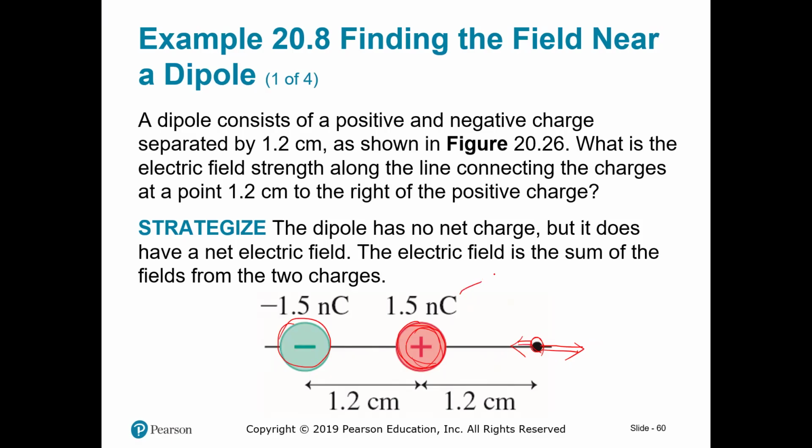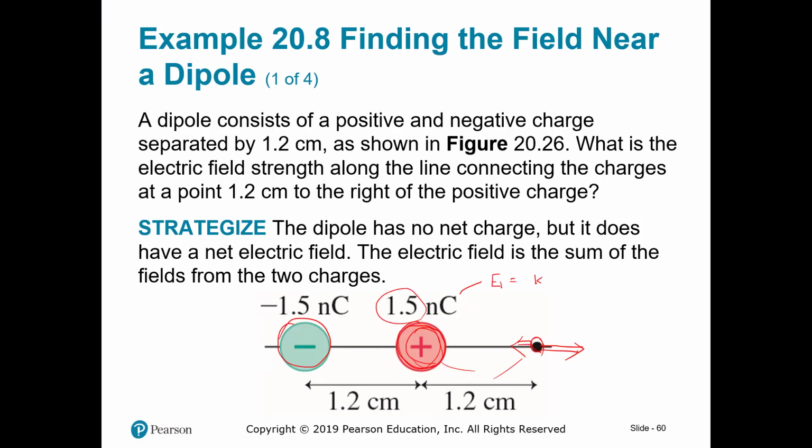For example, let's say this is E1 positive, which is k times Q, 1.5 nanocoulomb, divided by r, 1.2 centimeter, so 0.012 meter squared. And the second one is the same, right?